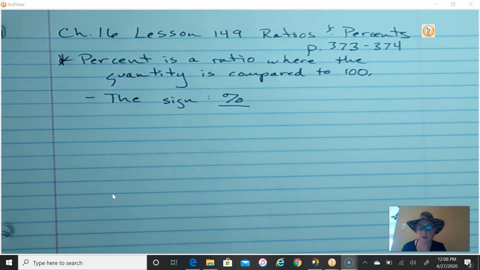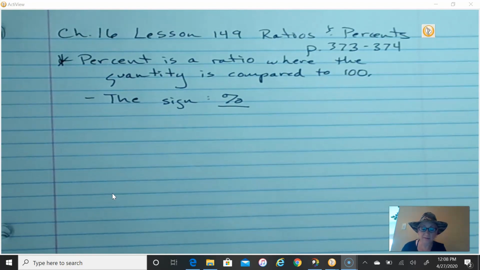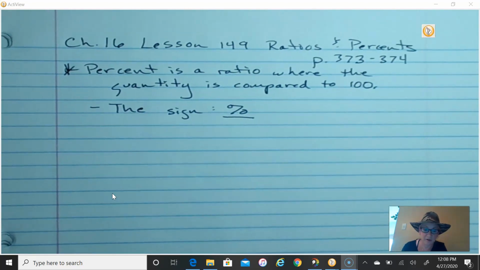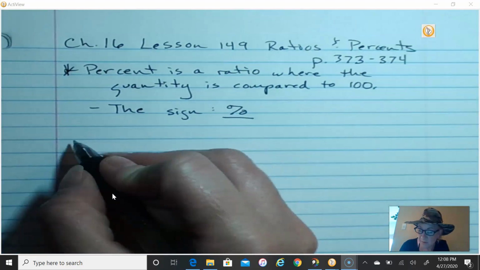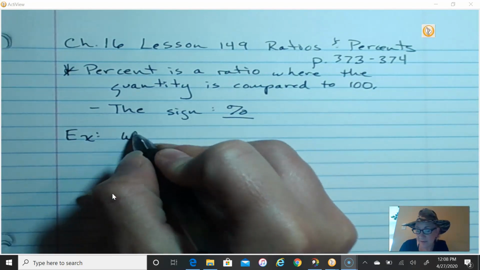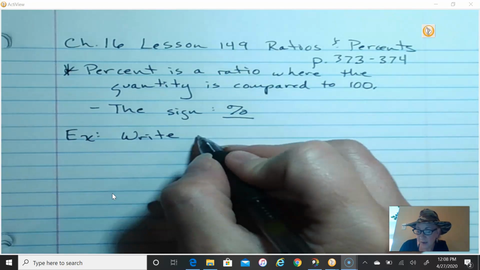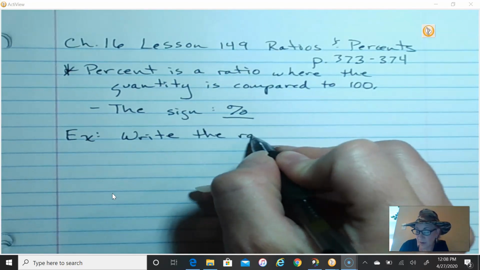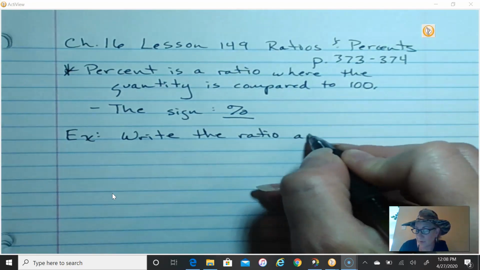Percent is always over 100. Now, it can be reduced, okay? But it's always over 100. Okay? So, for example, it says the directions, write the ratio as a percent.